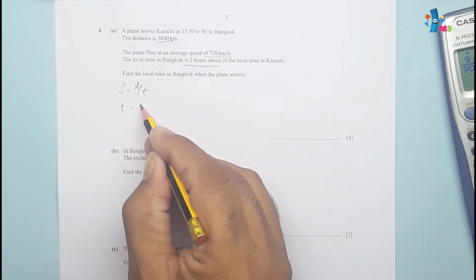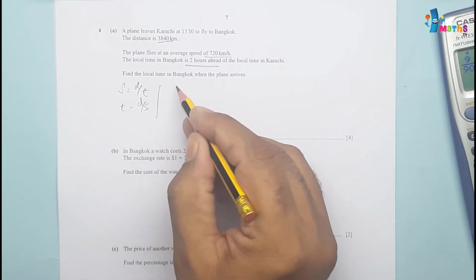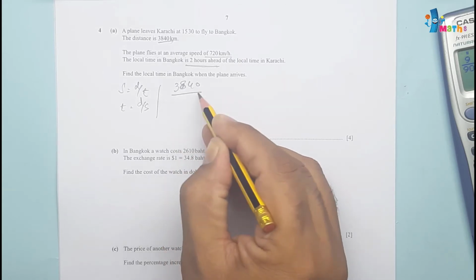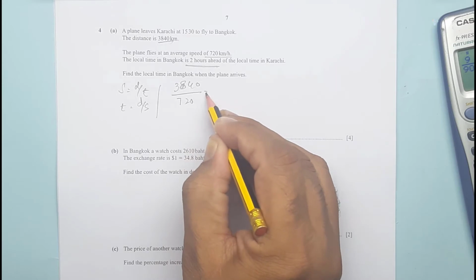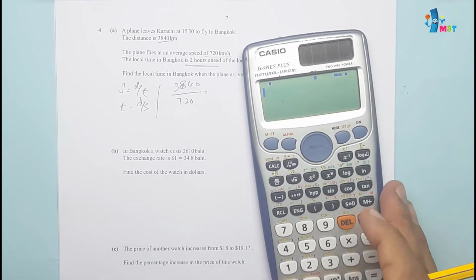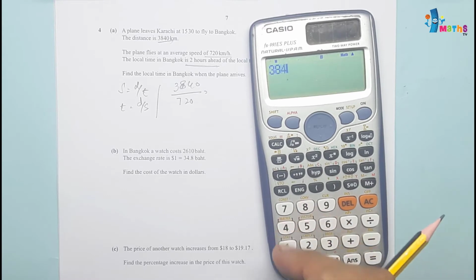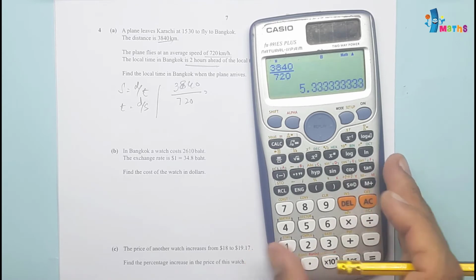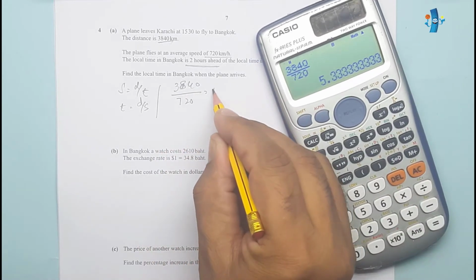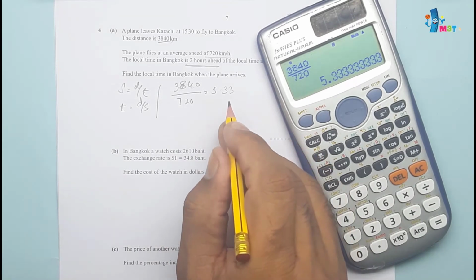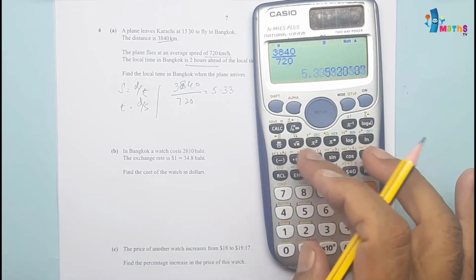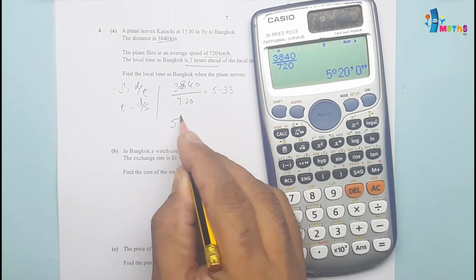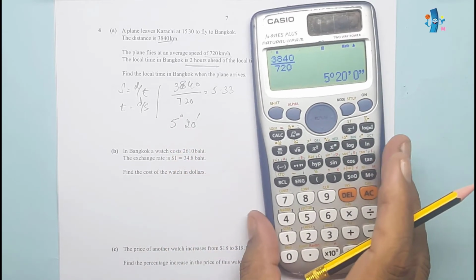So t will be equal to distance over speed, and distance is 3840, divided by the speed, which is 720, and this will give us the time. 3840 divided by 720 is the time taken, which is 5.33, so we can write here 5.33, and in time format, this will be 5 hours and 20 minutes. This is the time.